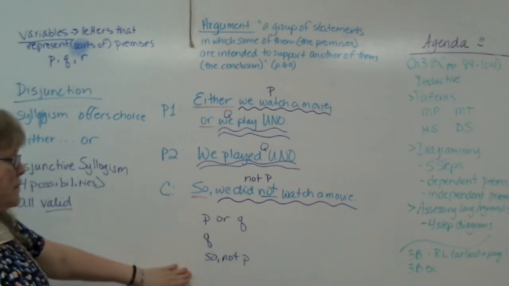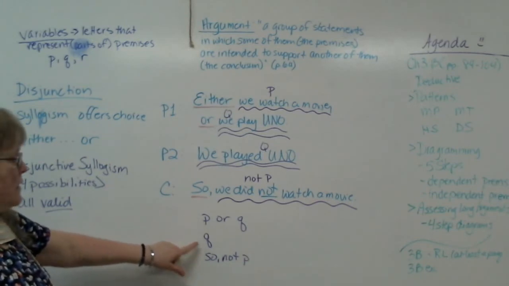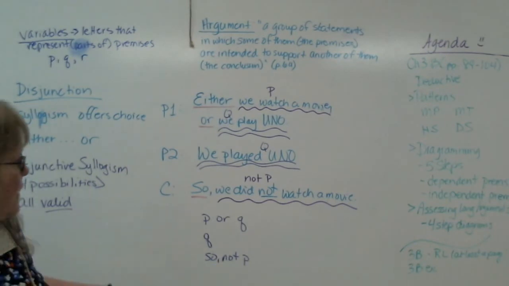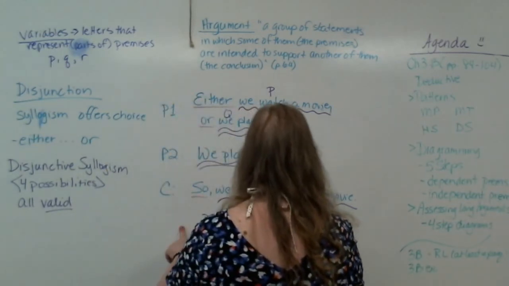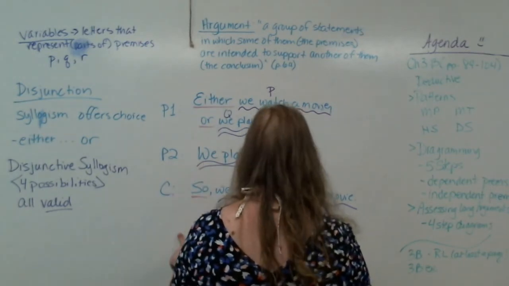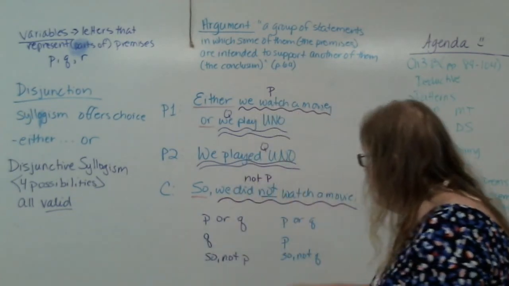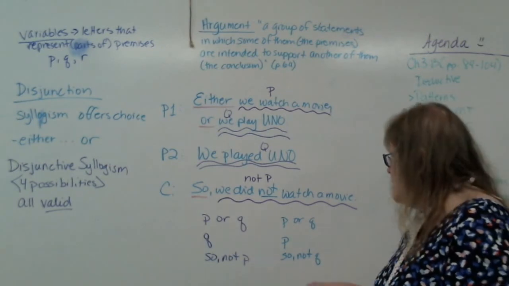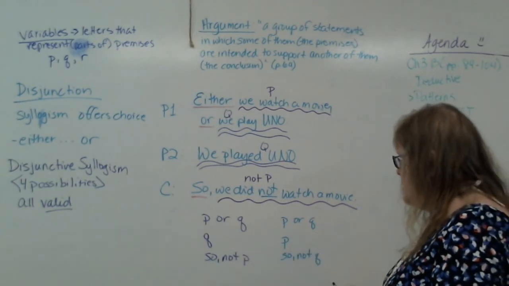They all start out P or Q, and then what we do here has 4 possibilities. If I'm doing the positive, P or Q, P, in this case we watched a movie, so not Q. One of these has to be yes, and one of these has to be no. We have a choice, right? Okay, so here Q, so not P, here P, so not Q.